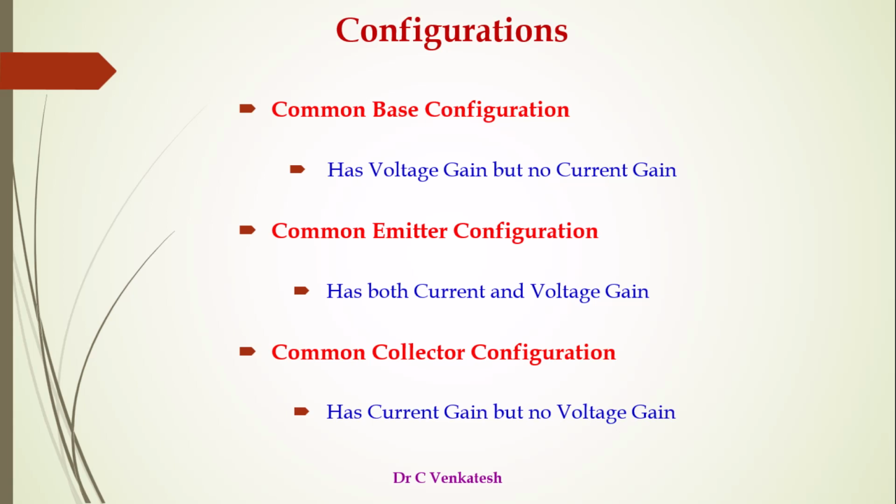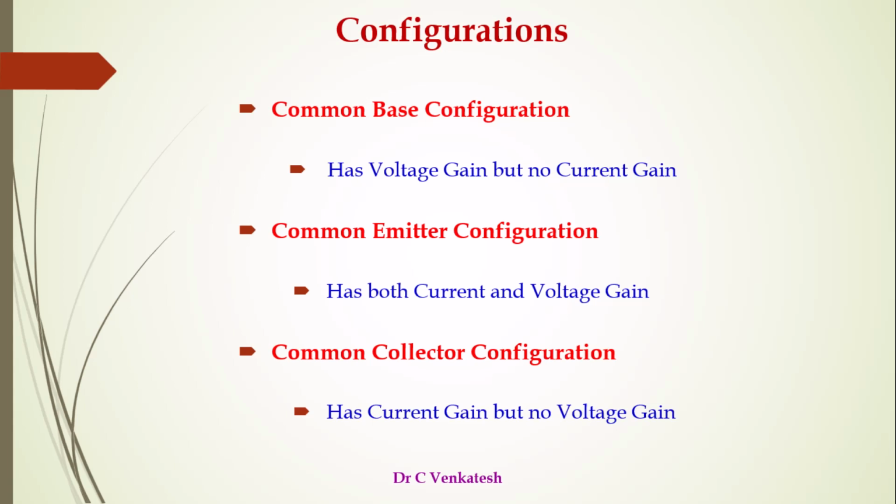Based on these, the configurations are common base configuration, common emitter configuration, and common collector configuration. Each method of connection responds differently to its input signal within a circuit, as the static characteristics of the transistor vary with each circuit arrangement.